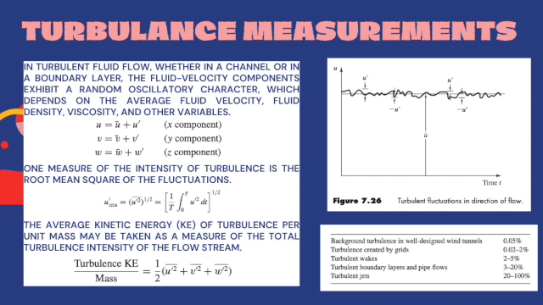One measure of the intensity of turbulence is the root mean square of the fluctuations, and the average kinetic energy of turbulence per unit mass may be taken as a measure of the total turbulence intensity of the flow stream. The hot wire or hot film anemometer is very useful for turbulence measurements because it can respond to very rapid changes in flow velocity.